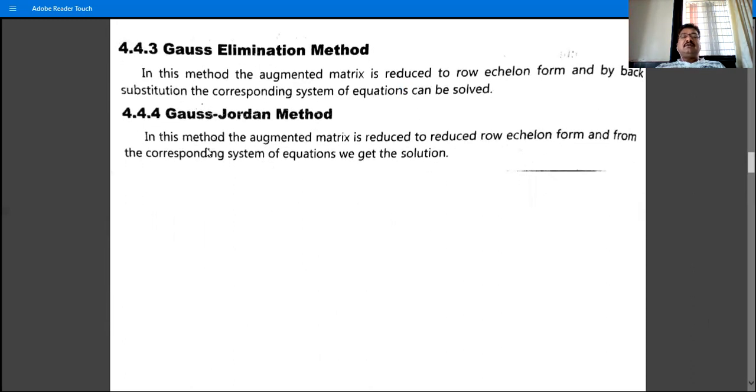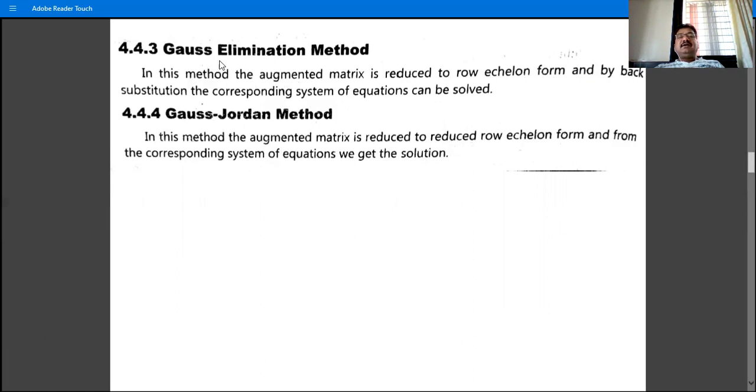And what is the Gauss-Jordan method? In this method, the augmented matrix is reduced to reduced row echelon form. In the Gauss elimination method, we reduce the augmented matrix to row echelon form, not reduced row echelon form. In the Gauss-Jordan method, we reduce the matrix to reduced row echelon form, and then find the solution of the system.